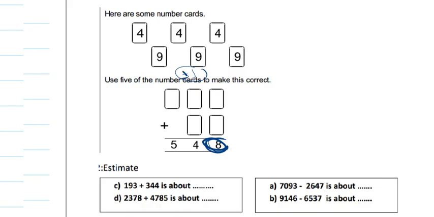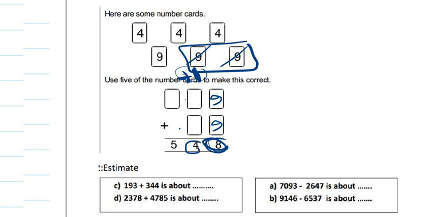Let's check. We need two numbers that add up to 18. You will find 9 and 9. So you can use here 9 and here 9. We already used two cards. 9 and 9 gives me 18. 8 and carry up 1. So we have 1 here. 1 plus what gives me 4?